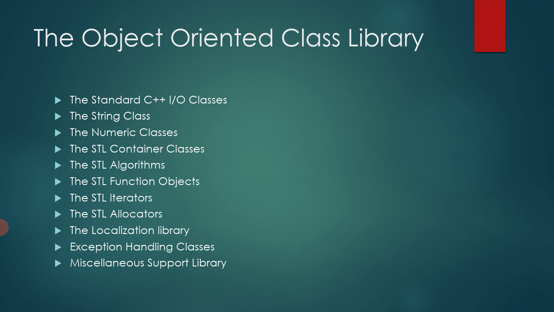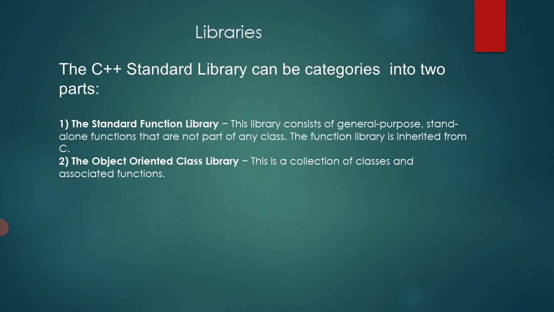In today's session we have studied different libraries of C++, where the library is divided into two categories, and we have studied both the categories, standard function library and object oriented class library. In the standard function library we have very basic and standard functions which are used for general purpose, whereas in the object oriented class library we have studied the functions which are basically related to the concept of classes.